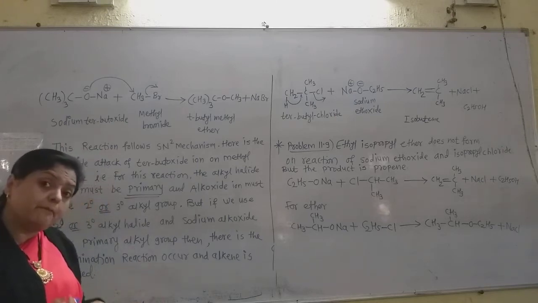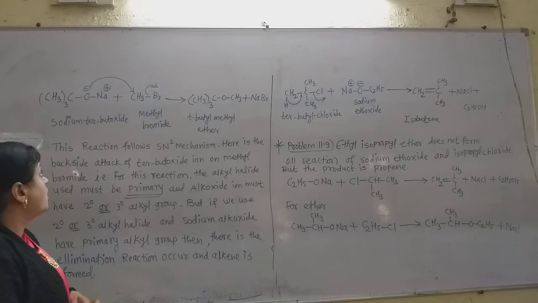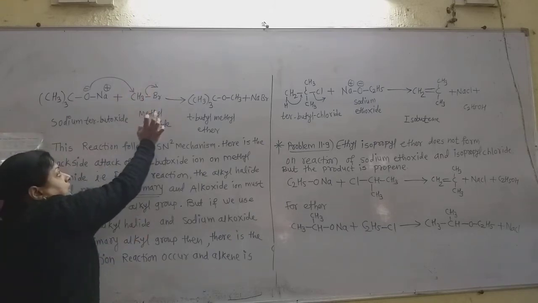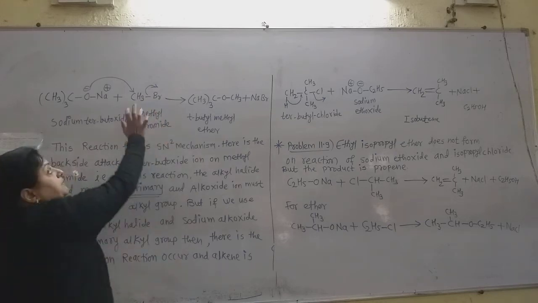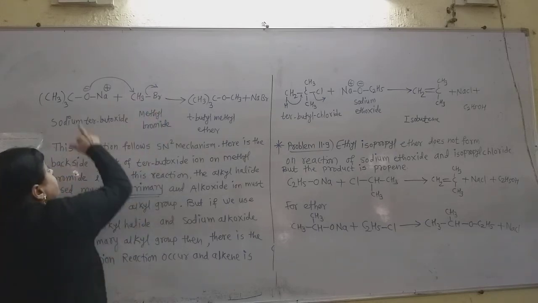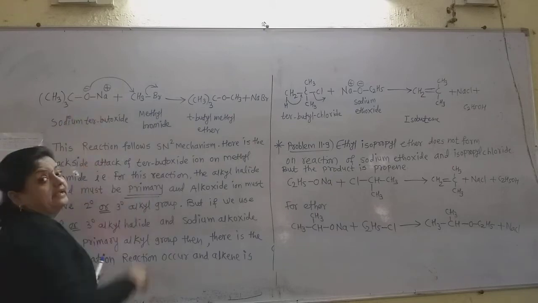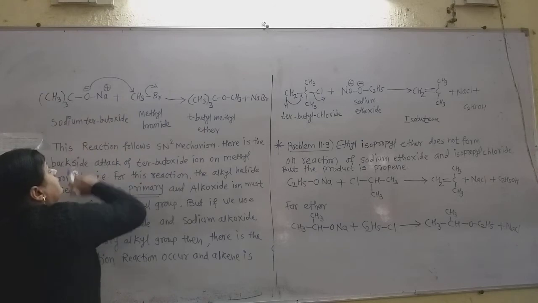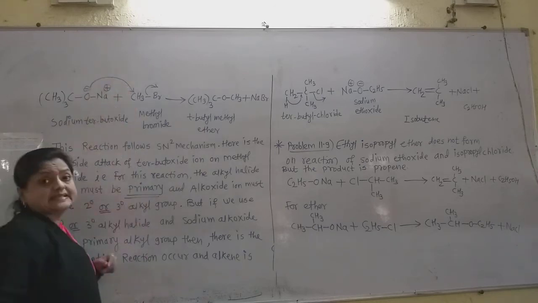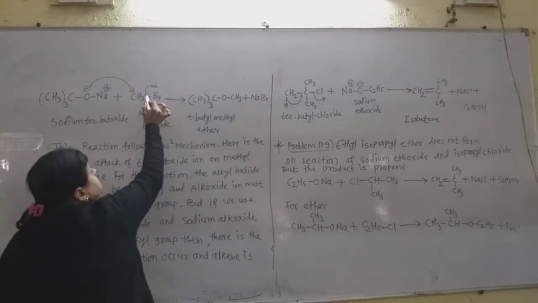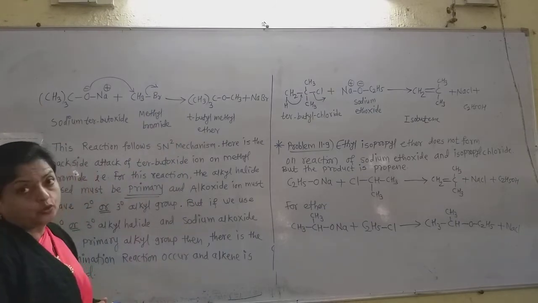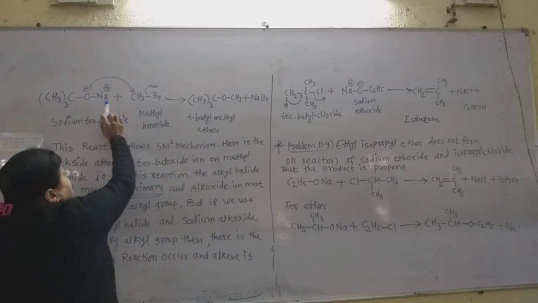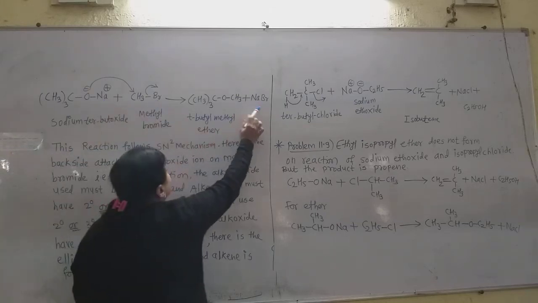Here there is a backside attack on this alkyl group of the alkyl halide. Here is the methyl group. There is a backside attack by this alkoxide ion, the tertiary butoxide. When it attacks from this side, at the same time the bromine, which is the leaving group, gets detached, and this sodium and bromine form sodium bromide.